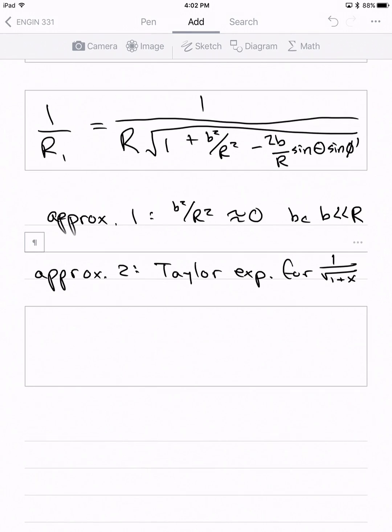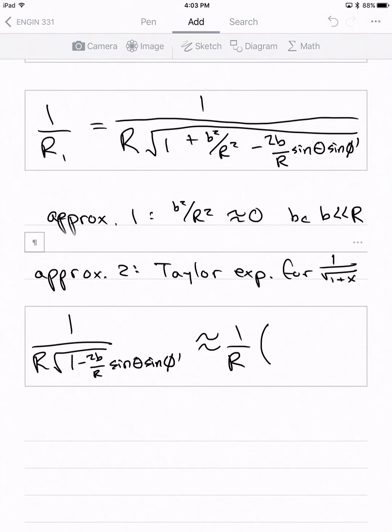In which case, we started with 1 over R times the square root of 1 minus 2b over R sine theta sine phi prime, and we're going to say that that is approximately equal to 1 over R times, no longer underneath the fraction or in a square root, 1 plus b over R sine theta sine phi prime. Sorry, I ran out of space there a little bit.